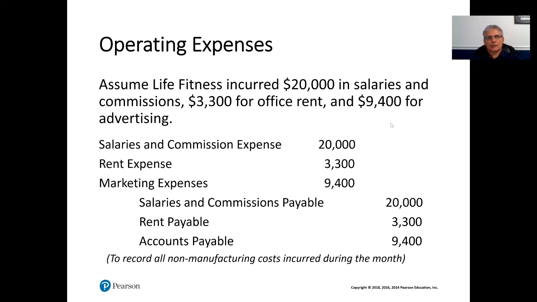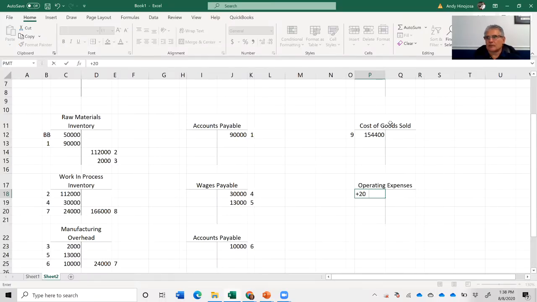We're talking about $20,000 plus $3,300 plus $9,400. So the total of all operating expenses, including salaries, rent, marketing, comes up to $32,700. We could break it down here in more detail, have more T accounts, but I think you got the gist of it.